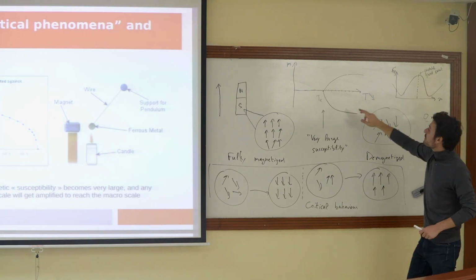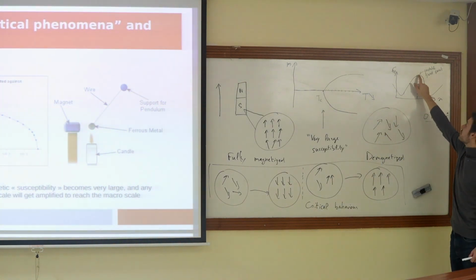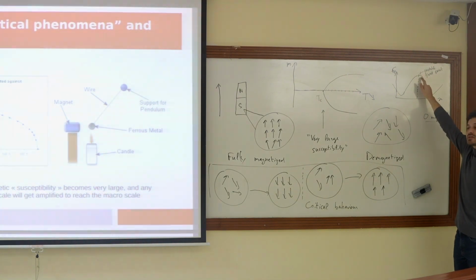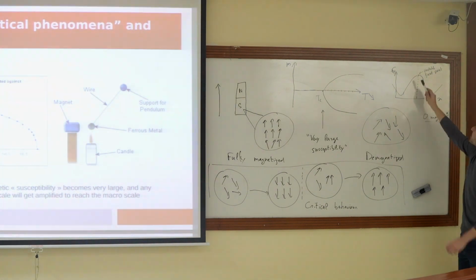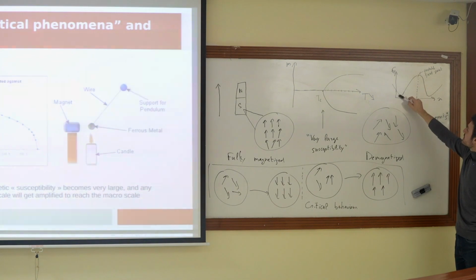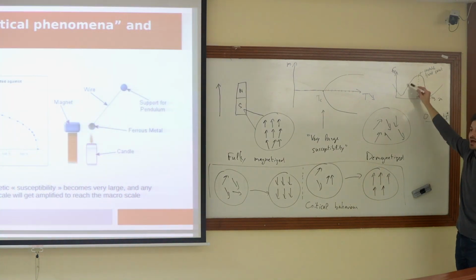So you can think of this critical temperature as the system being at this unstable fixed point, and suddenly any tiny change will nudge it either left or right. But the point is, once it has chosen, it's not coming back, right? Because with any small deviation, it'll fall into this well, or it'll fall into this well. But once it's there, it can't climb back. No small perturbation will allow you to climb all the way back up again.